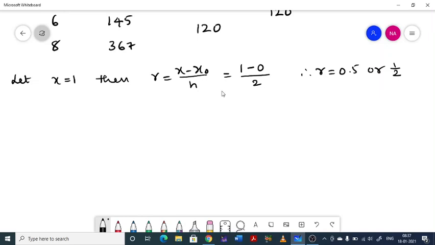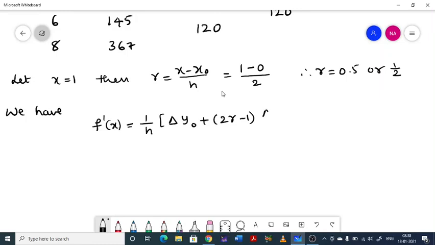By the formula we have f dash of x equal to 1 by h into delta y naught plus 2r minus 1 into delta 2 y naught by 2 factorial, that is by 2 only, plus 3r square minus 6r plus 2 into delta 3 y naught by 6 plus and so on.